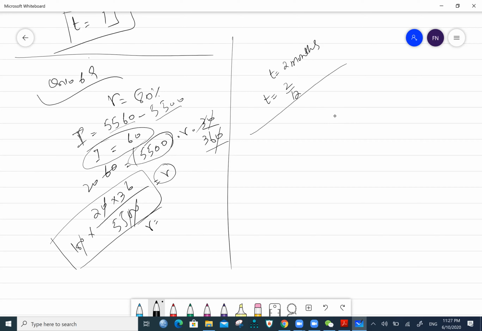If your time is 40 days, we convert it into years by dividing by 360, because a fiscal year contains 360 days.